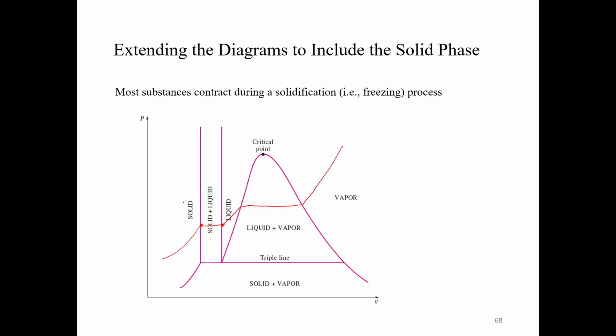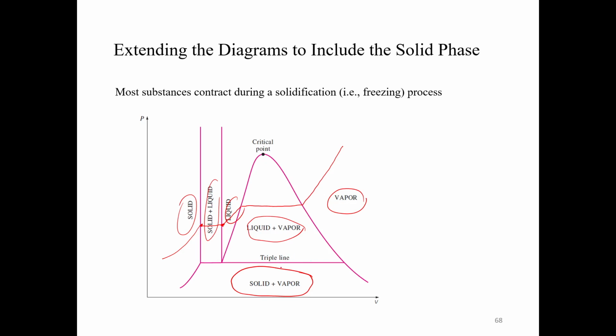So in here you have the solid. So you have solid and liquid and vapor, and the superheated region for the vapor. You have the critical point here. Then in here you have solid and vapor. And this line we call the triple line.